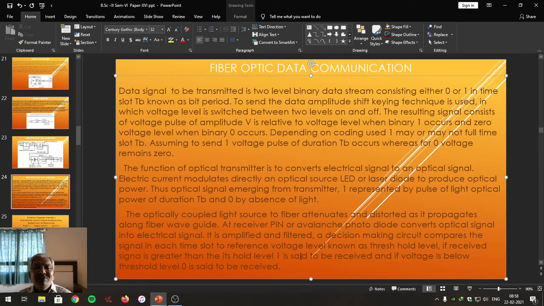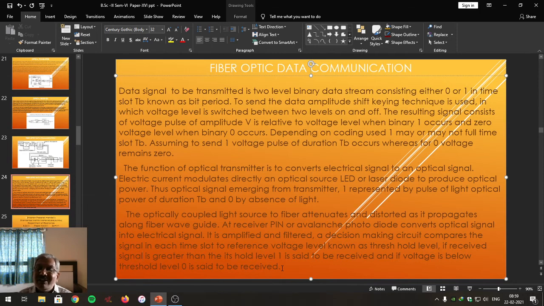If the received signal is greater than the threshold level, 1 is said to be received, and if the voltage is below the threshold level, 0 is said to be received.